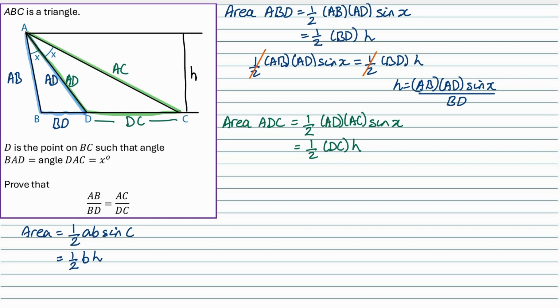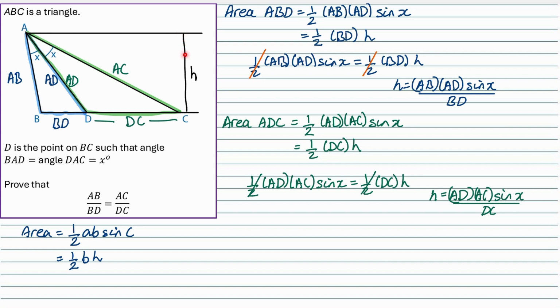And now we know that these two are equal to each other. So we'll have 1/2 of AD, AC, sine x will be equal to 1/2 DCH. Again, we'll cancel out the halves, and we'll divide both sides by the DC, so we'll get H is equal to AD, AC, times the sine of the angle x divided by the length DC, which is this one here.